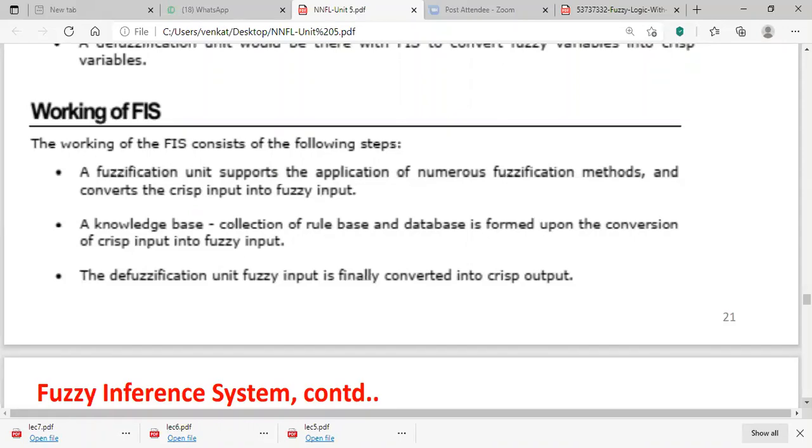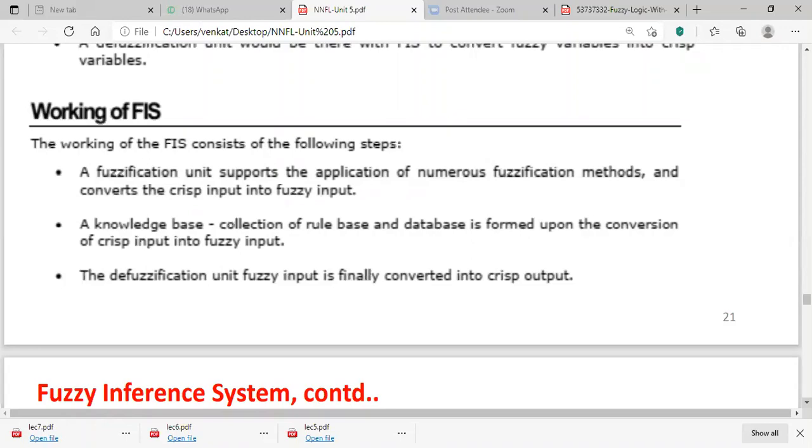Next, the knowledge base, a collection of rules or database, is framed upon the conversion of crisp input into fuzzy input. Okay, just rule base is used. Next, third step is the defuzzification unit.